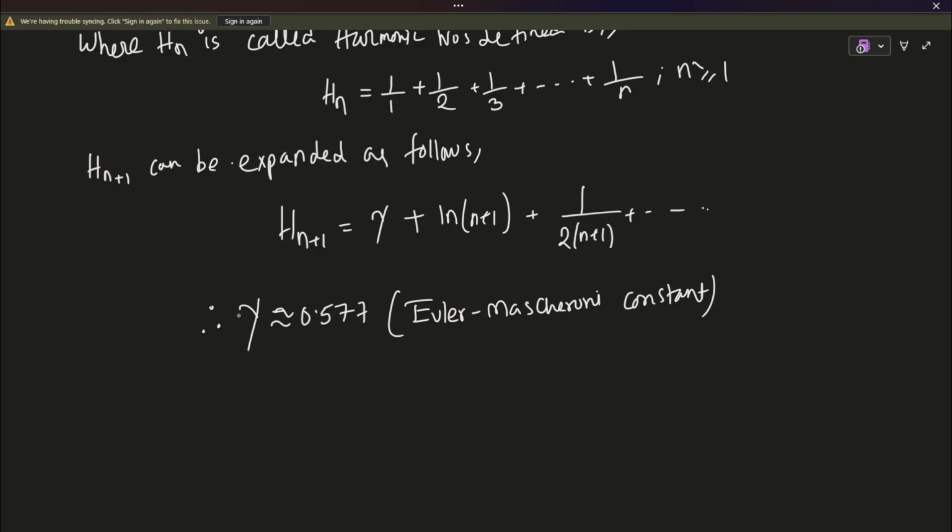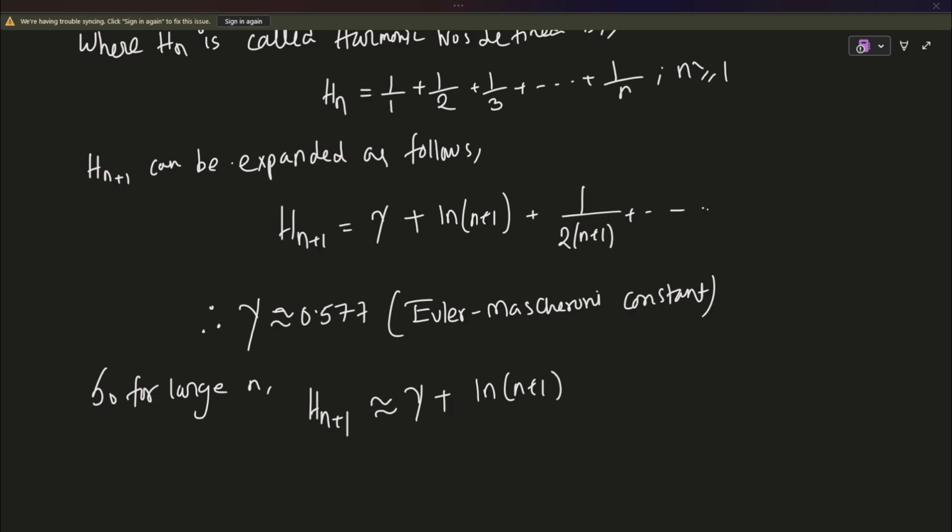Gamma is called the Euler-Mascheroni constant, and the harmonic numbers can be represented in terms of this constant. So, for large n, what happens? For very large n, the denominator terms get cancelled, right? Therefore, you can say that Hn plus 1 is approximately gamma plus ln of n plus 1, right?